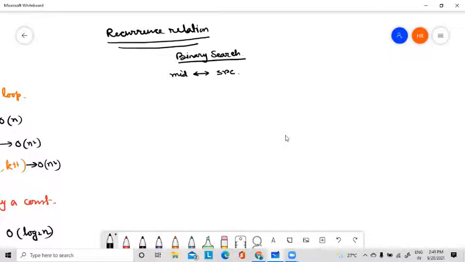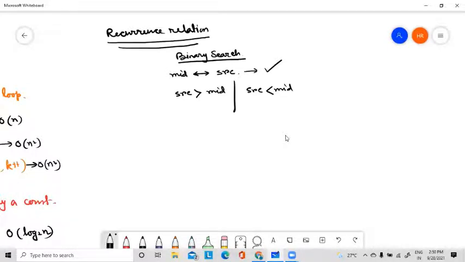If it is matched, okay. If not matched, then check whether your search element is greater than the mid element or smaller than the mid element. According to that, you will perform a division operation.